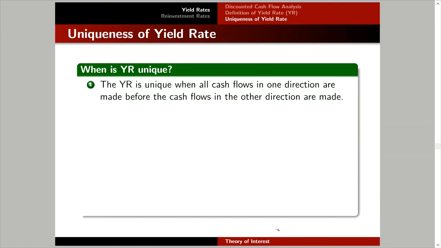First one, the yield rate is unique when all the cash flows in one direction are made before the cash flows in the other direction are made. Anong ibig sabihin nito? Ibig sabihin nito, yung isang direction, ibig sabihin, lahat muna, sige, let's take the viewpoint of the investor. So, kumbaga, lahat muna, naglalagay muna si investor ng pera kay investment fund.